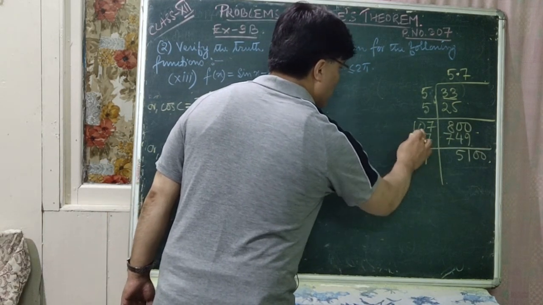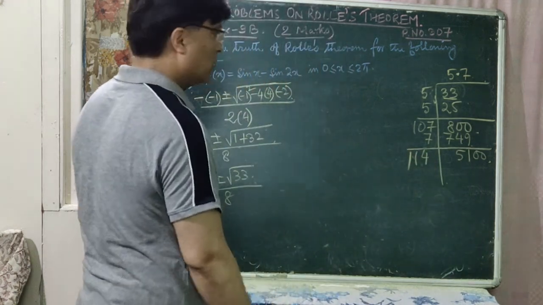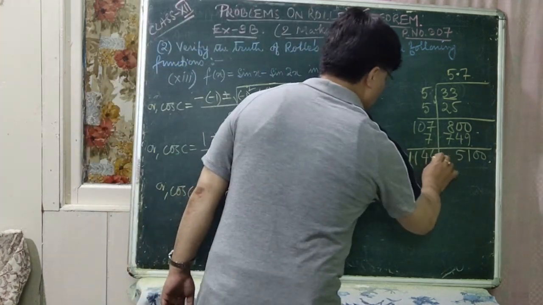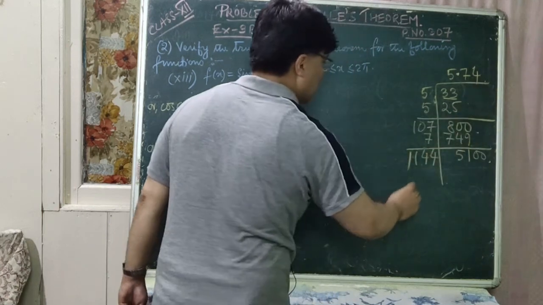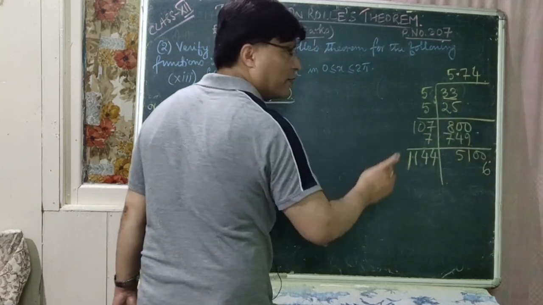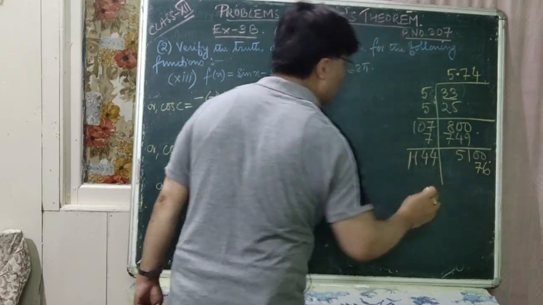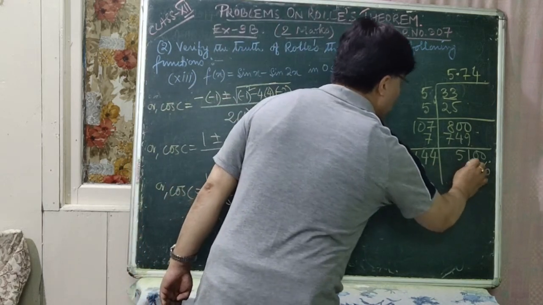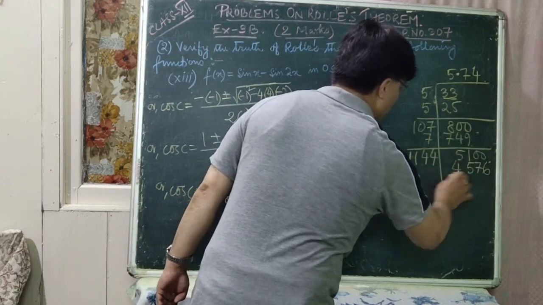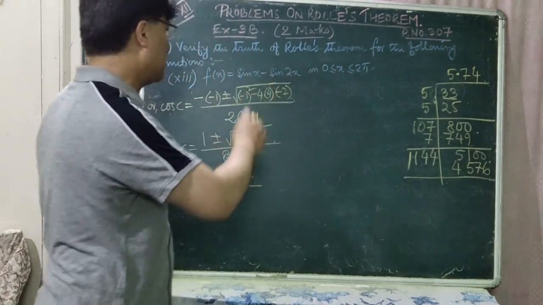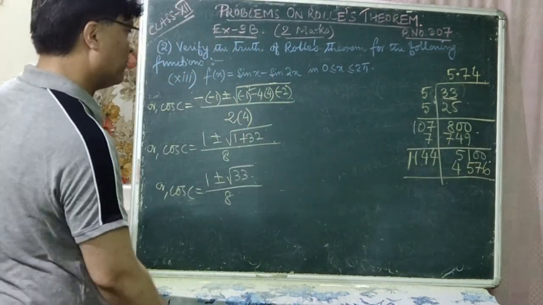7 plus 7 is 14. Now you can write here 4 4. 4 4s are 16, plus 1 is 17. 4 1s are 4 plus 1 is 5, and 4 1s are 4. Right. So you can subtract it. So it is approximately 5.74.